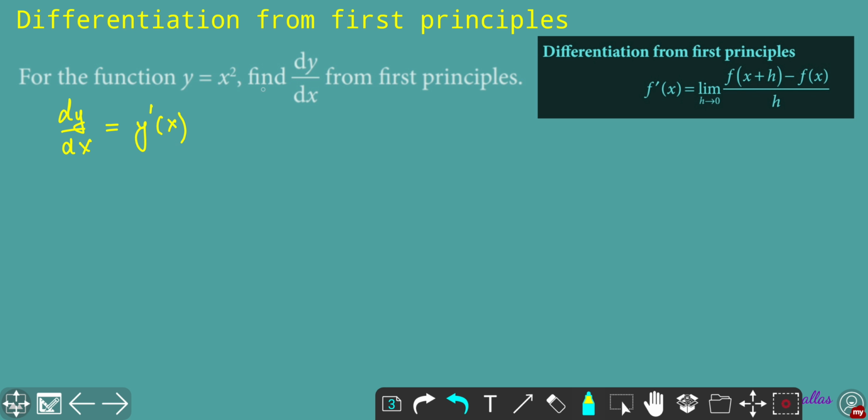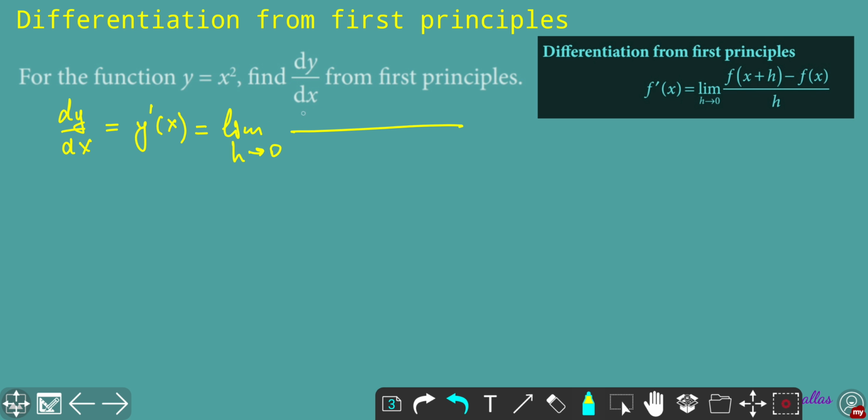You're not given the point itself, so assume you need to find the derivative at some random point x. Let's go by definition: f(x plus h) minus f(x), over h, in the limit as h tends to 0. Every time you need to write this formula.